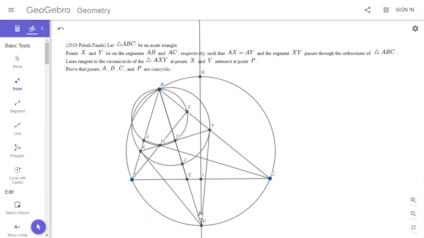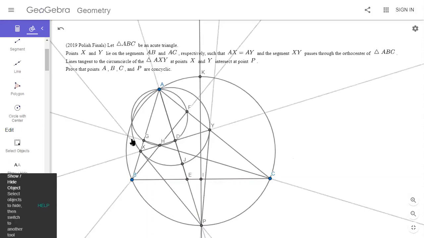Yeah, what if we think about it the other way? What if we let P be the midpoint of arc BC, and then we want to show PX and PY are tangent to this circle? I think that might be an easier way to think about it.